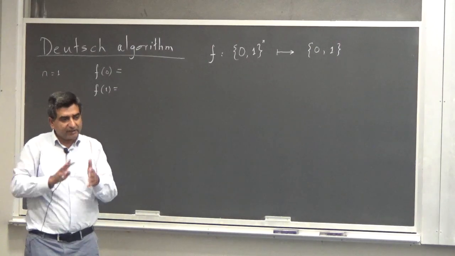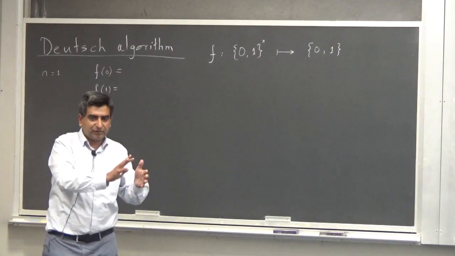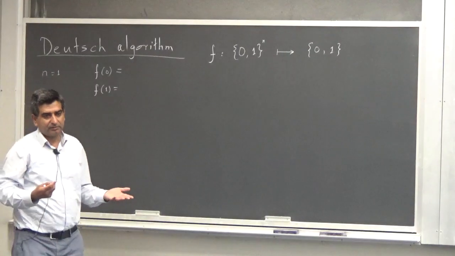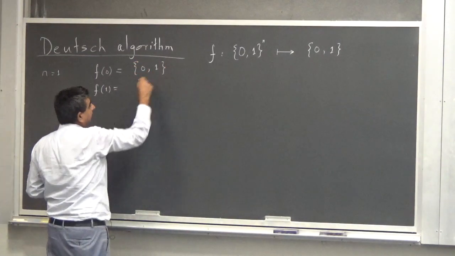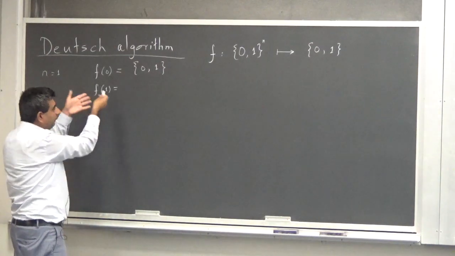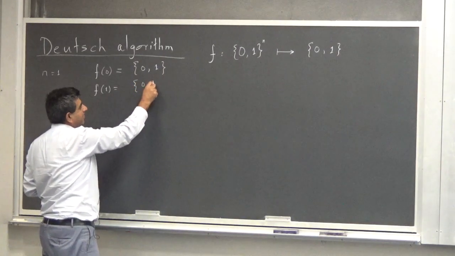So f acts on 0 and yields something. The output could be 0 or 1, either of them. And when f acts on the other kind of string, which is 1, the output could be 0 or 1.